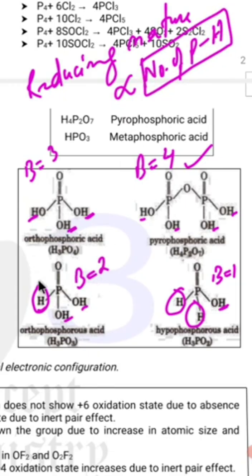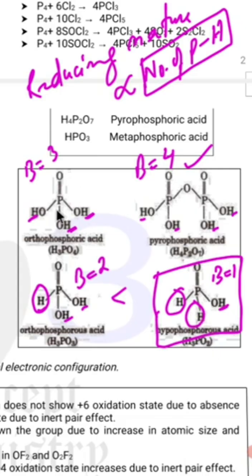So in these 3 oxoacids of phosphorus, the number of P-H bonds is highest in hypophosphorus acid. 2 P-H bonds are present here, while in orthophosphorus acid only 1 P-H bond is present. So between these 2 oxoacids, reducing nature will be higher for H3PO2.